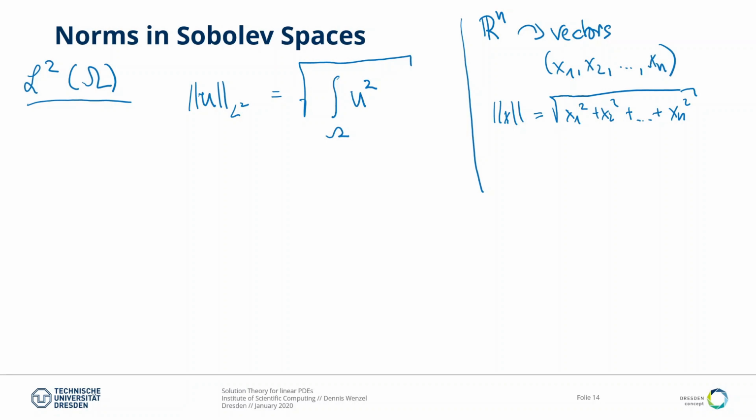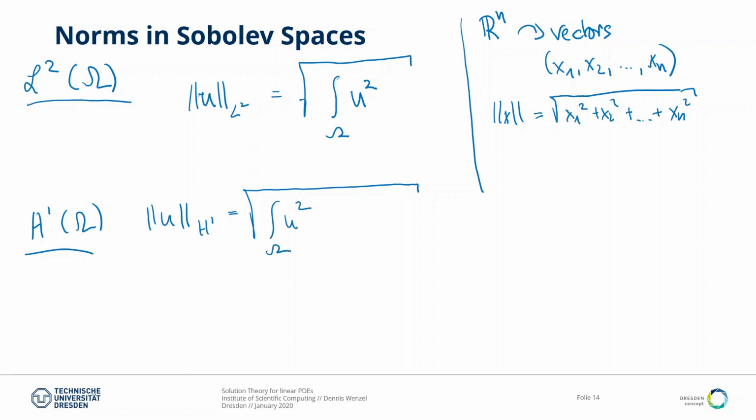And if we talk about the weak derivatives also, then we talk about norms in H1 of omega. There it is not much more complicated. The norm in H1, I always write H1 as a subscript next to the bars, needs some square root. We can write the stuff that we had already in the L2 norm.